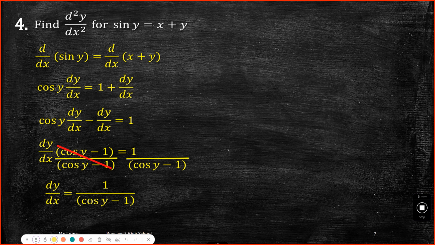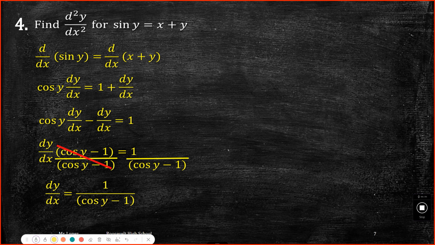All right, so remember this big lesson for today: if you have it in Leibniz notation and you want to continue with the derivatives, you have to get the dy dx by itself and then continue on taking the derivative. And this one looks to be like a what?